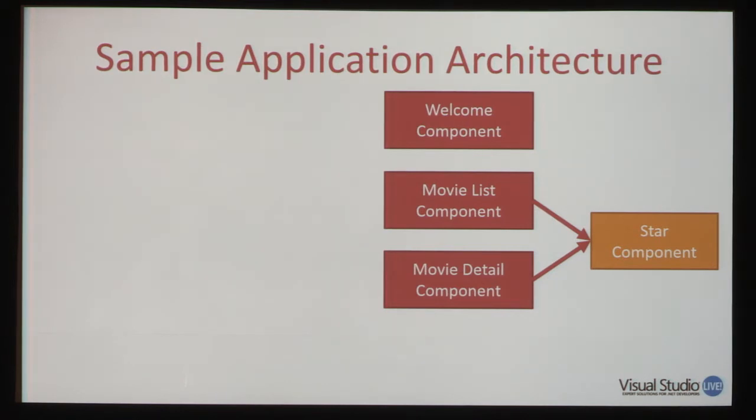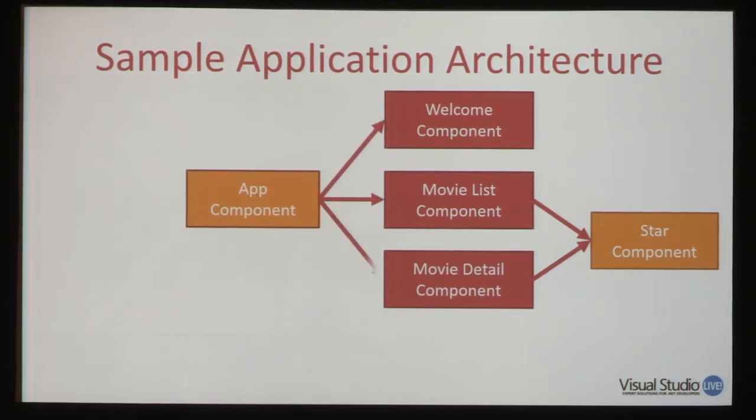Now, Angular also wants a single point of entry into all of this, something that pulls this whole thing together. We call that the app component. Now, you don't have to call it the app component, but anywhere you look, people are calling it the app component by convention. Okay, you could call it Joe's component, whatever. But you'll see it called app component, and it's the primary component for the application. And it knows how to route or display each of these other different components.